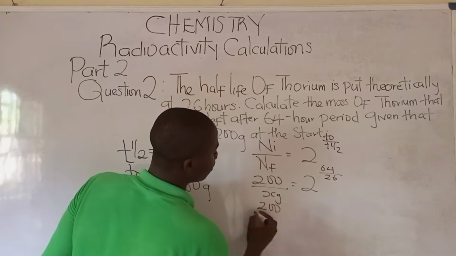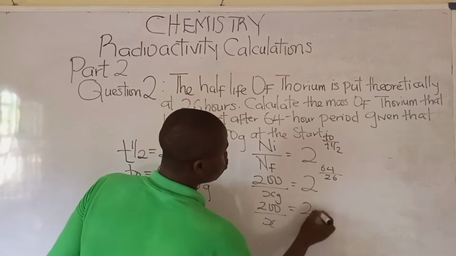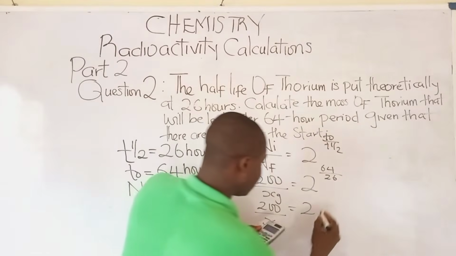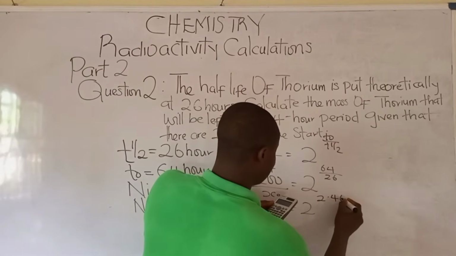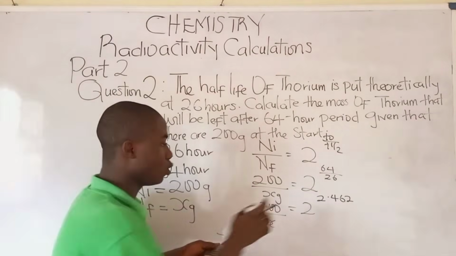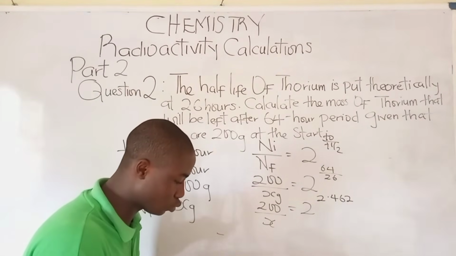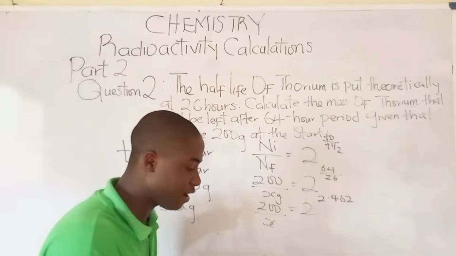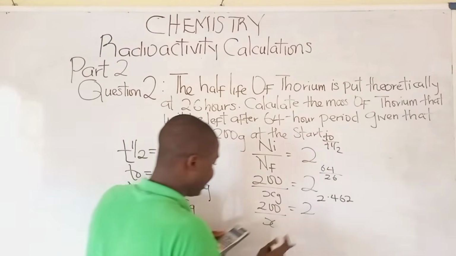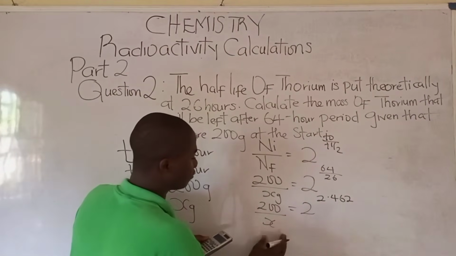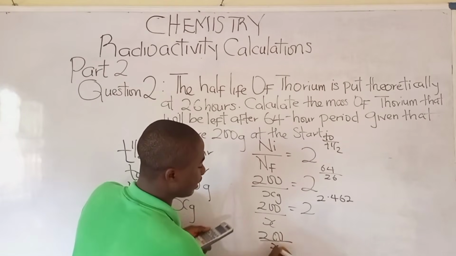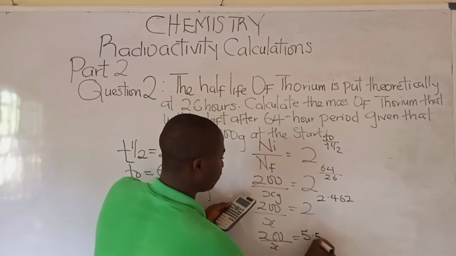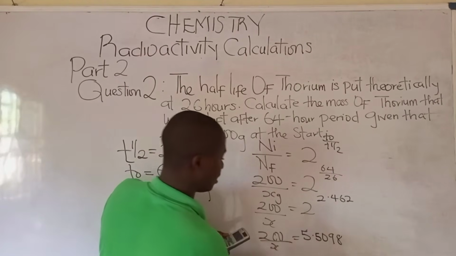So 200 all over X is equal to 2 raised to the power of 64 over 26, that is 2.462. Okay, so 2 raised to the power 2.462 is 5.5098.